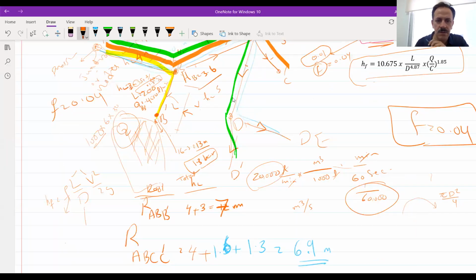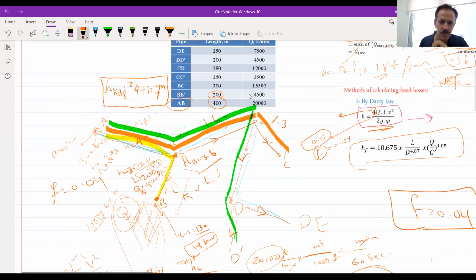Sir, according to what I understood, even if we take different routes, we should get the same value or a close value? Or does each route have its own? What I'm doing is I will find the total head losses for each of the available routes, and I will compare between them.